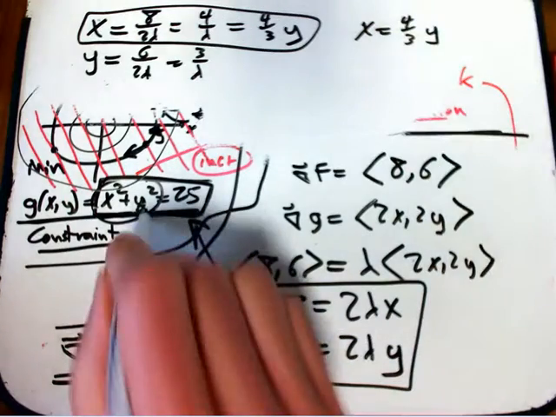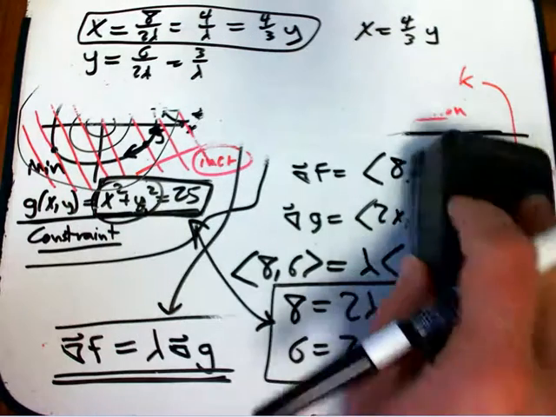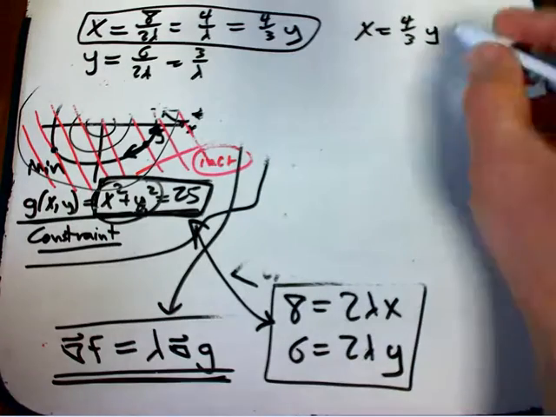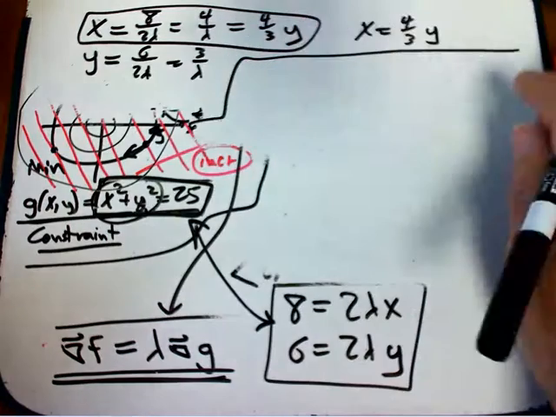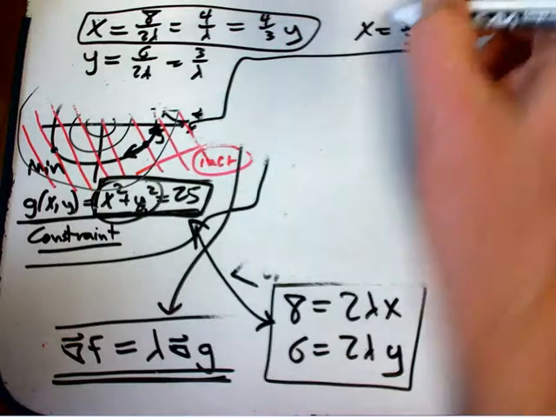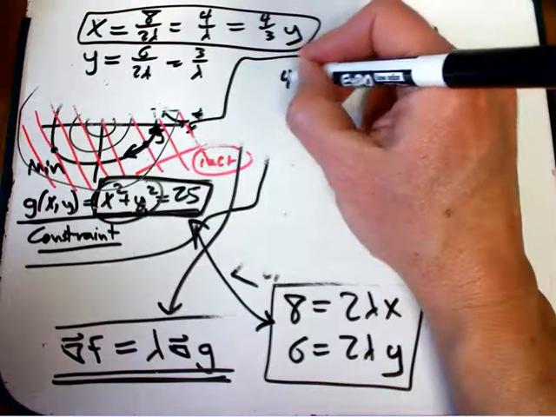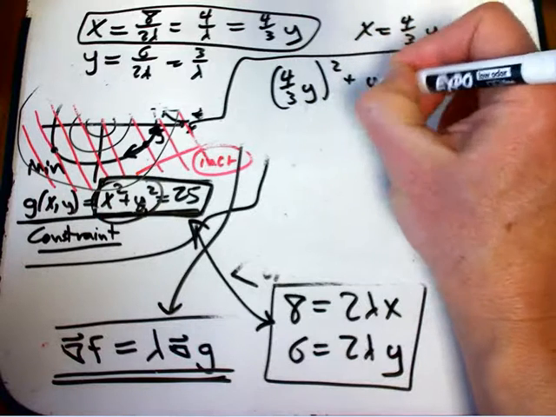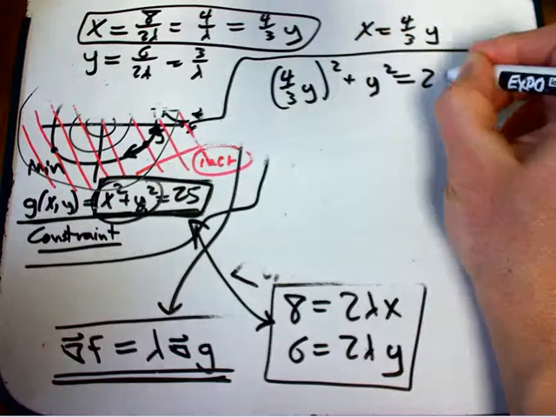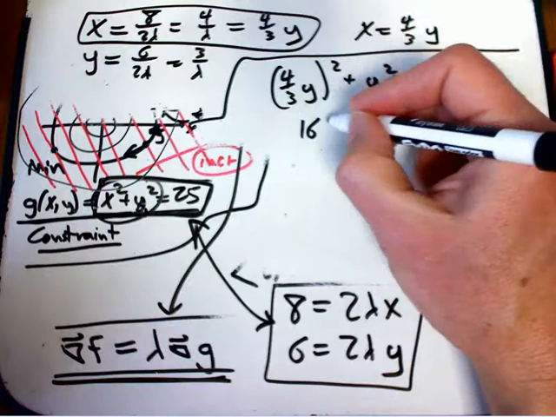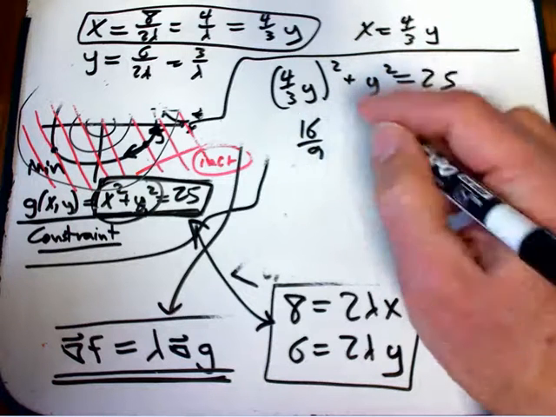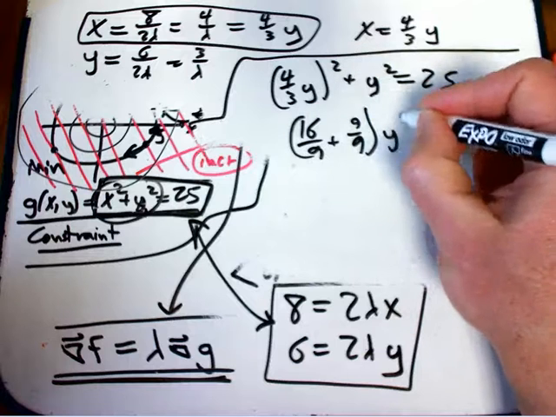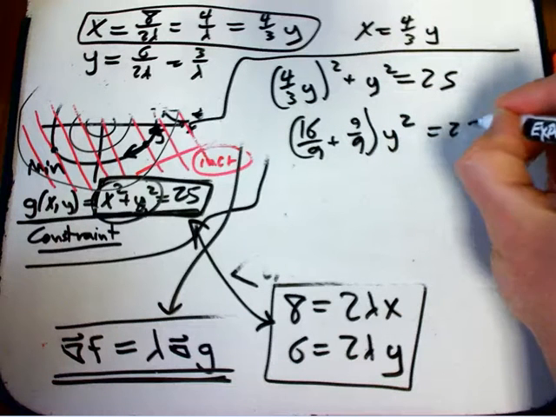Okay, now we can put that in the constraint equation. Often the constraint equation gets used last. Not always. And again, lots of examples are usually necessary at this point to get used to the algebra. Okay, so now I'm just going to plug that in. (4/3 y) squared plus y squared equals 25. 16/9 plus 9/9 times y squared, just factoring out the y squared, equals 25.